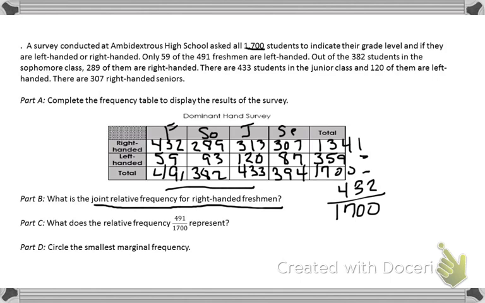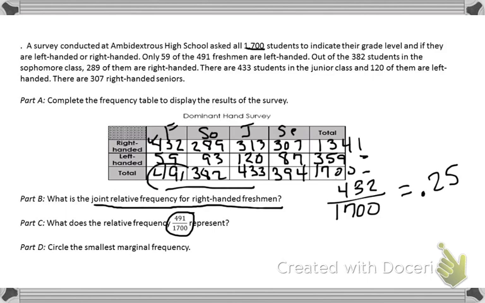So I'm going to take 432 and divide it by 1,700, and that joint relative frequency is 0.25. So that is my joint relative frequency, right-handed freshman, right here, divided by the total number surveyed.